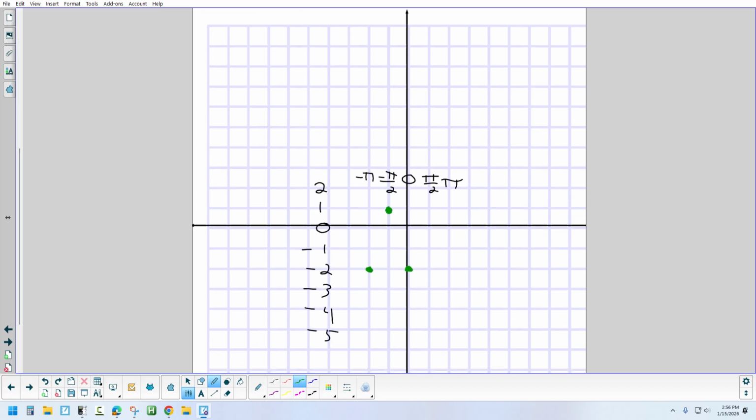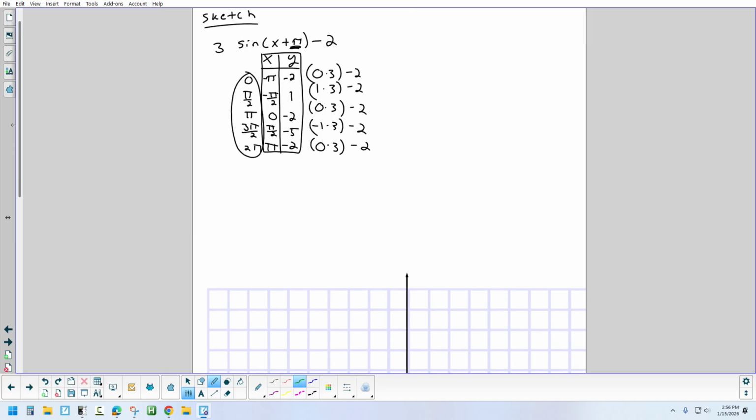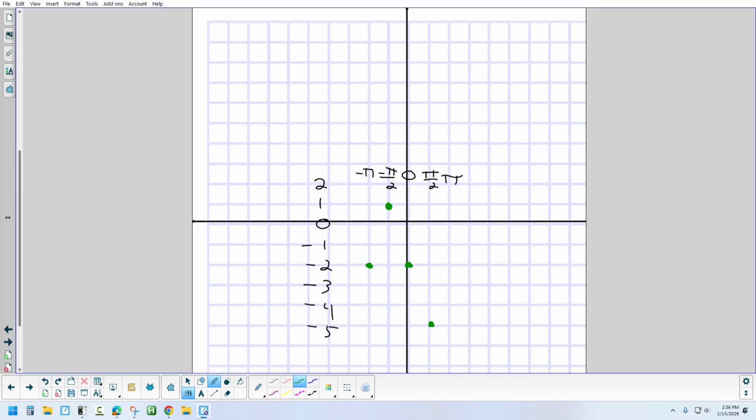So pi over 2, negative 5. And pi, we are at negative 2. So pi, negative 2. Because I didn't scale my axes, you can tell that this one has been stretched. There you go. That's the sketch of the first cycle.